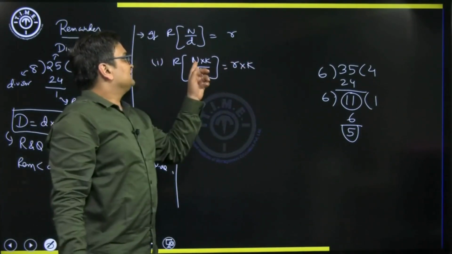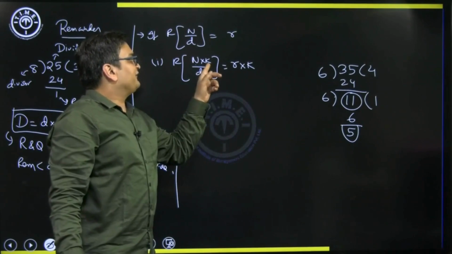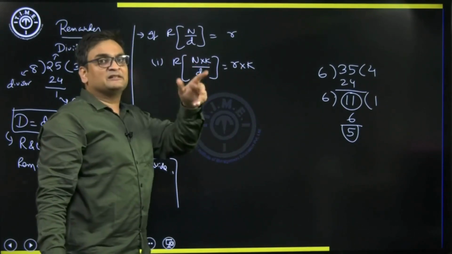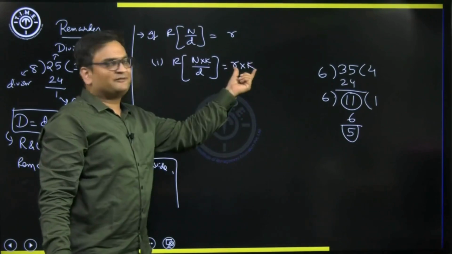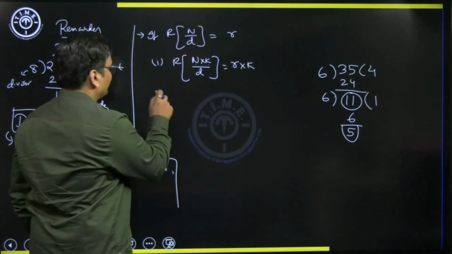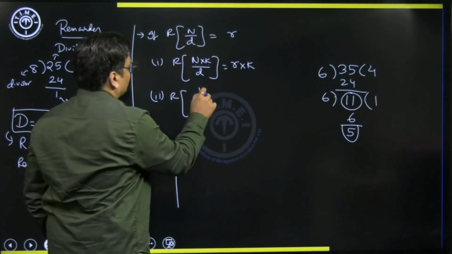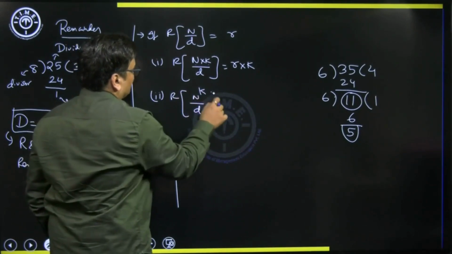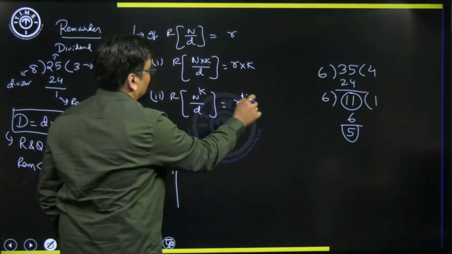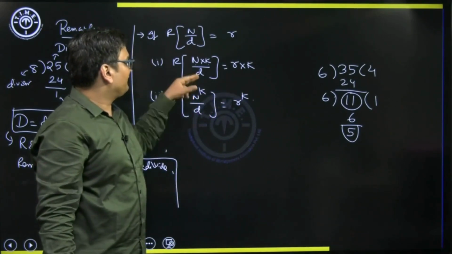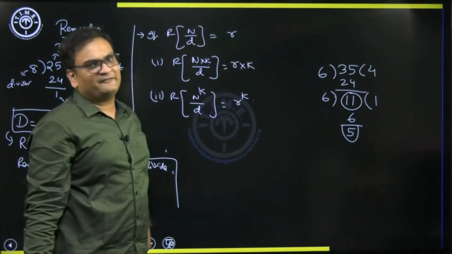That means if the dividend is multiplied by 5, the remainder will also be multiplied by 5. If the dividend is doubled, the remainder will also be multiplied by 2. Second point: the remainder when n is raised to the power k will be r raised to the power k. If you square the number, the remainder will also be squared. If you take the number to the power 5, the remainder will also be raised to the power 5.